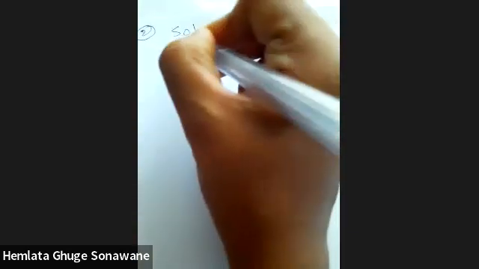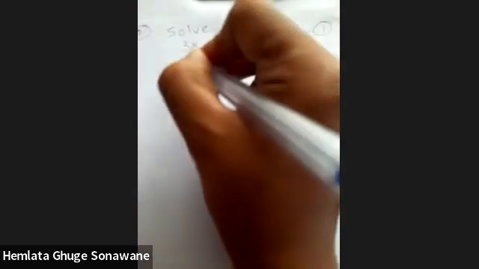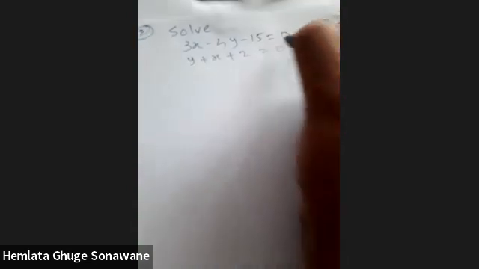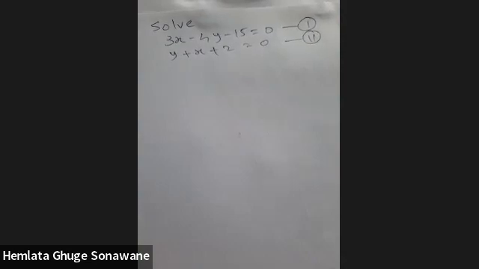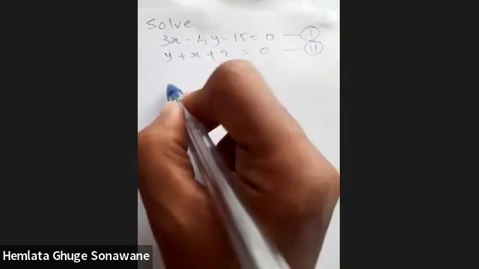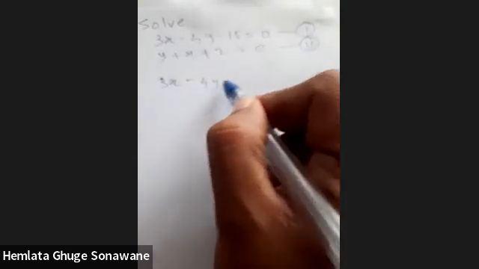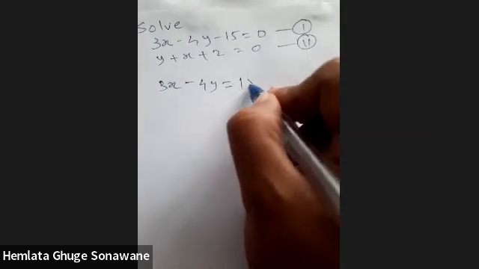We'll take the next example. Solve the equations 3x minus 4y minus 15 is equal to 0, equation number 1, and y plus x plus 2 is equal to 0, equation number 2. Now we'll write down these equations in standard form. That is 3x minus 4y is equal to, this minus 15 becomes plus 15 towards the right hand side.